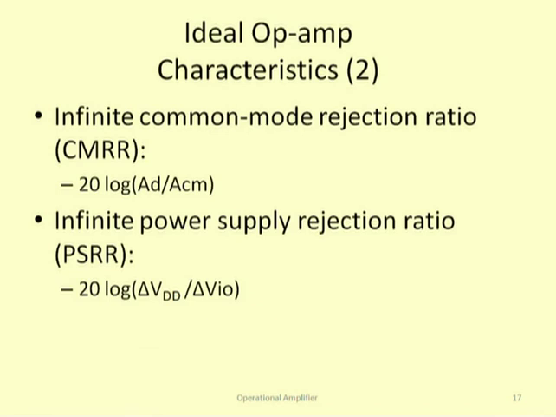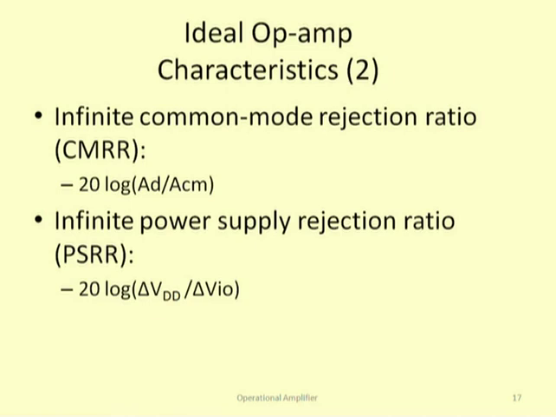Then you find out whether it is amplifying any common part of the input signal or not. Let us assume that for the common part of the input signal, the gain is ACM. Ideally we want ACM to be close to 0 and AD to be close to infinite. The ratio of AD and ACM is indicated by the parameter called the common mode rejection ratio.